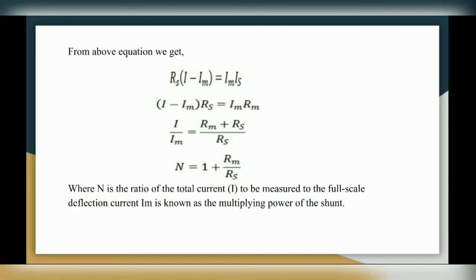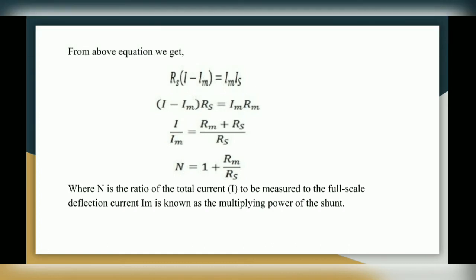So from the above equation we get RS in bracket I minus IM is equal to IM RM, which you can further write as I minus IM into RS is equal to IM RM.